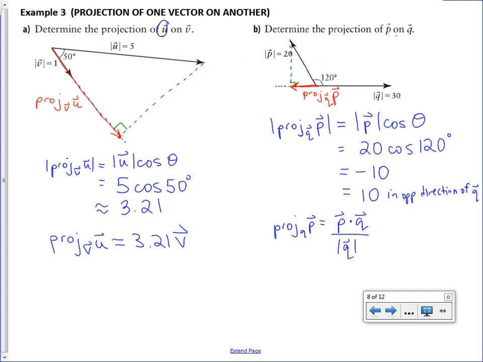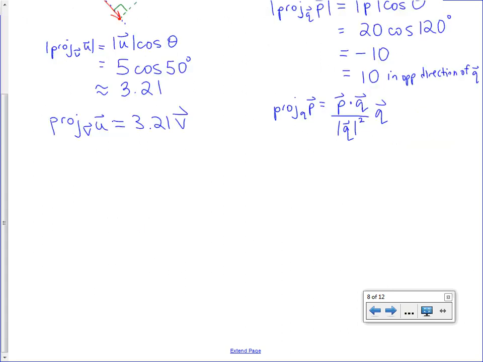Then everywhere else it's Q's, Q's, Q's. If you literally just plug in the dot product of P and Q and the magnitude of Q squared into this, and you put that number in front of vector Q, you're done. So now you see it's more of just a formulaic thing. Find the dot product, find magnitude of Q squared, plug it in, ta-da.